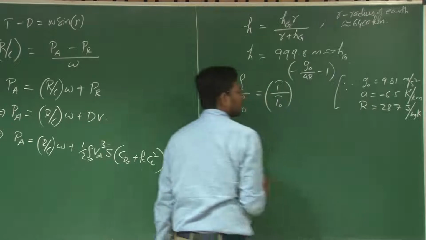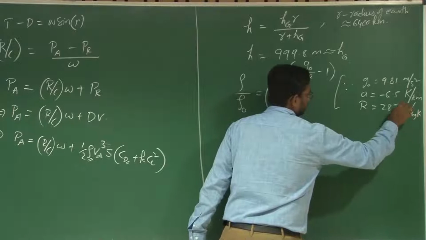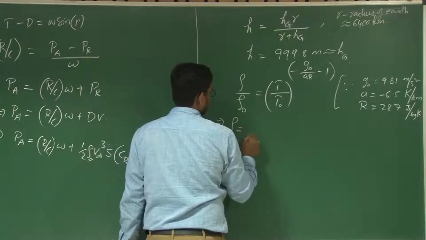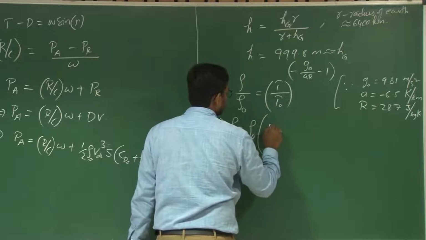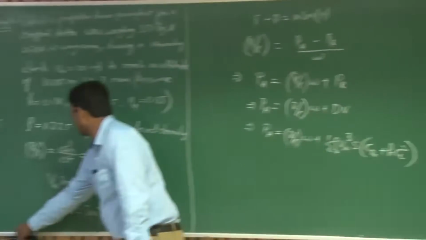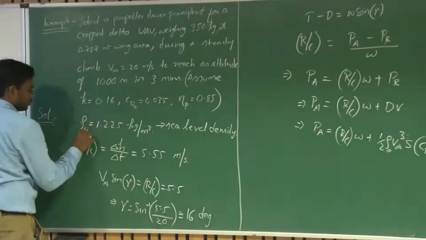It's the gas constant. This equals rho naught into the same term. What is rho naught? Rho naught is 1.225 kg per meter cube.